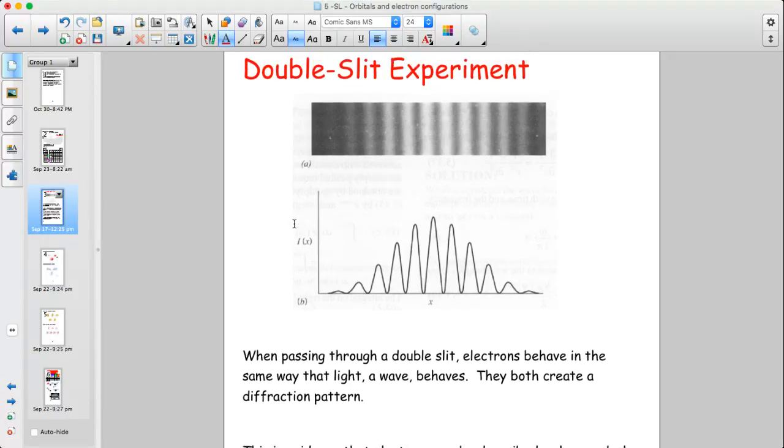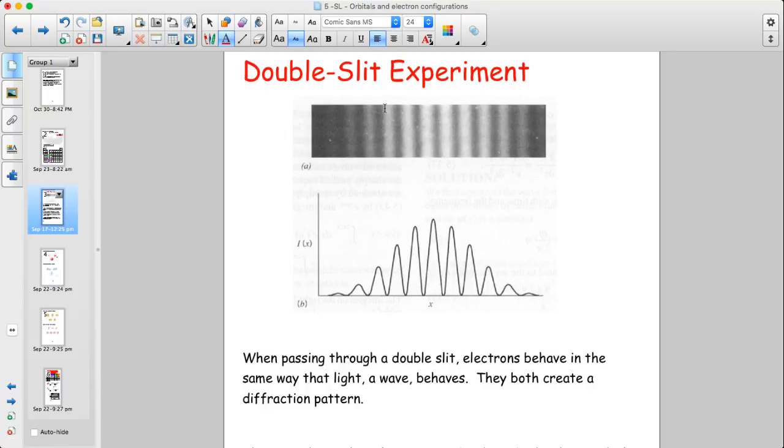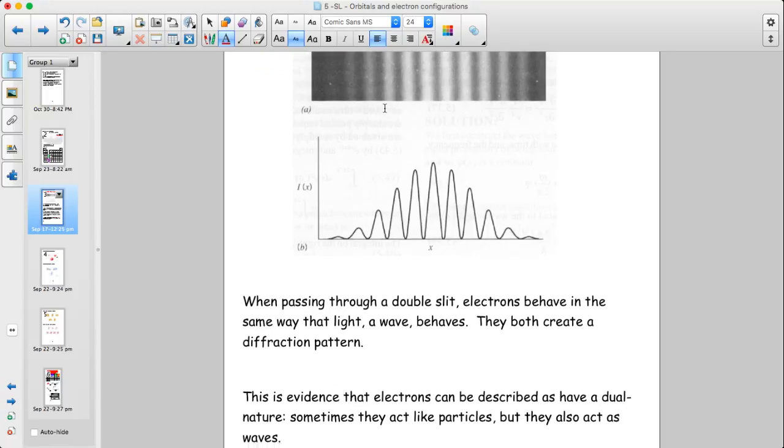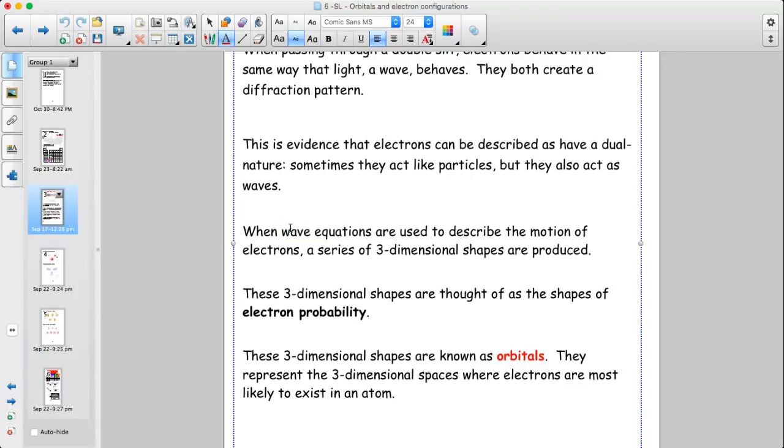And there's evidence based on sending a beam of electrons through a double slit that electrons behave as waves. They have some particle properties, but they also have some wave-like properties. And so when you apply wave equations, so equations that model the behavior of the electrons acting as waves, you actually can produce a series of three-dimensional shapes that tell you where the electron is most likely to exist.